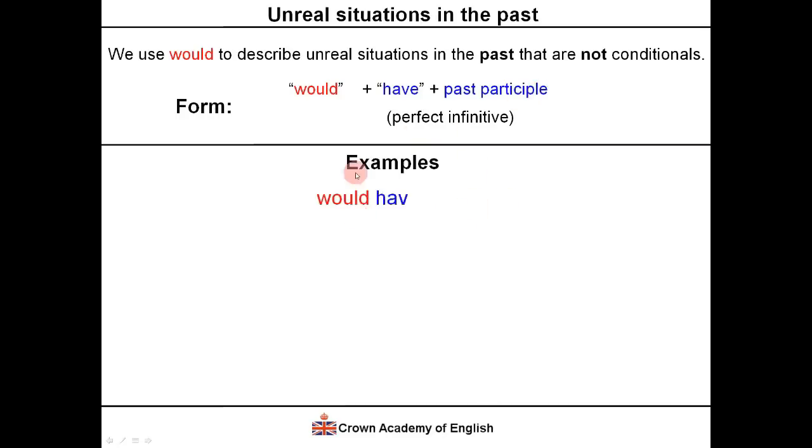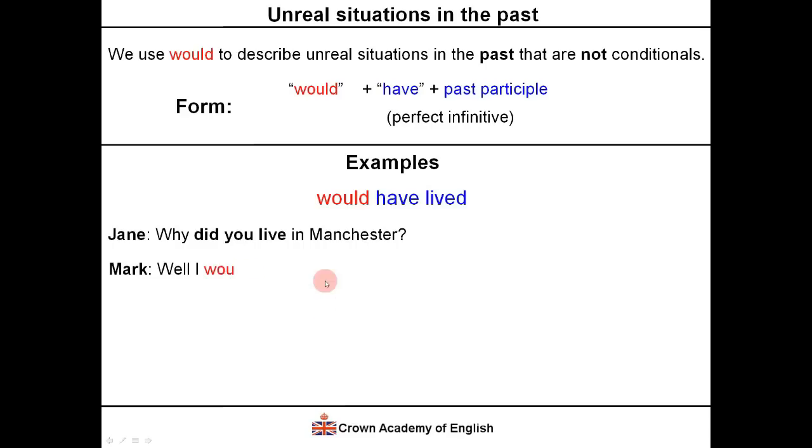Examples. Would have lived. So this describes an unreal situation in the past. Jane asks, "Why did you live in Manchester?" And Mark replies, "Well, I would have lived in London, but it was too expensive."